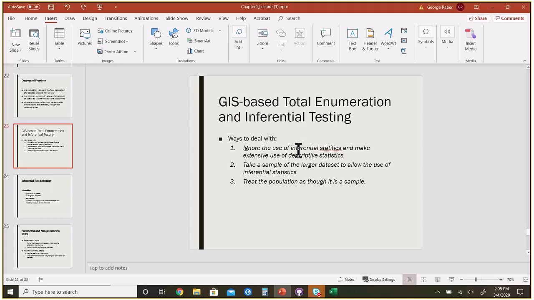However, if we know that that land cover map represents a sample, in other words, it's not the entire area, or we know that it could be wrong sometimes, we could take a sample of the larger data set to make some inference about either the accuracy or some larger population area.